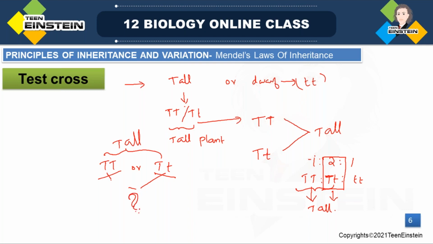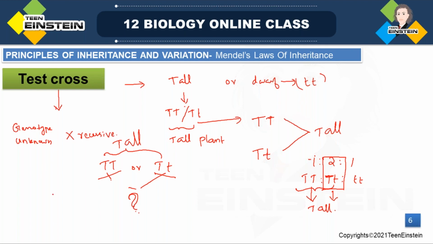So what Mendel did, the plant which we want to find out the genotype, that plant he crossed with the recessive parent or with the dwarf plant. This cross is called as test cross. Okay. So the genotype unknown, that plant he crossed with the recessive parent.